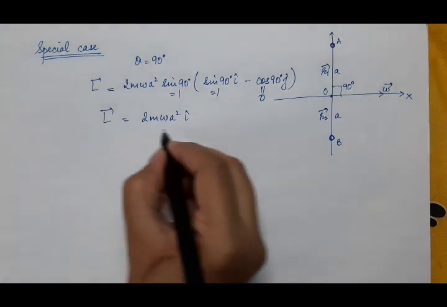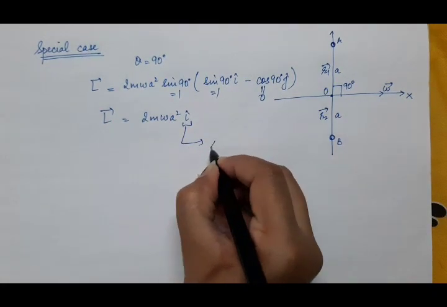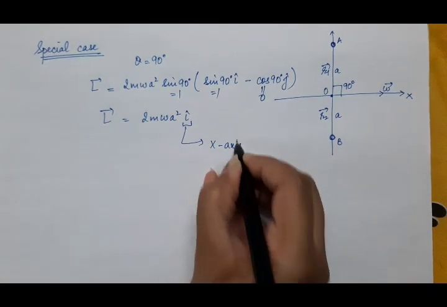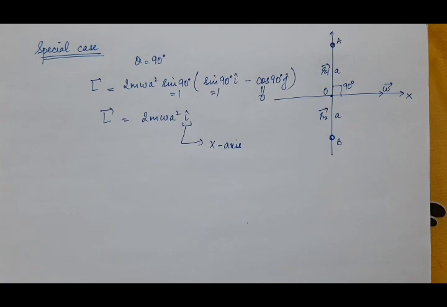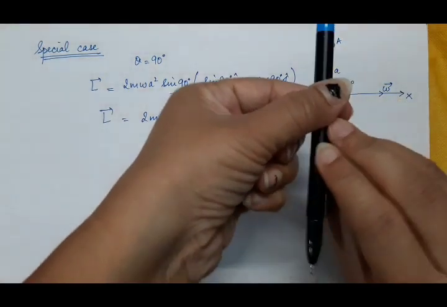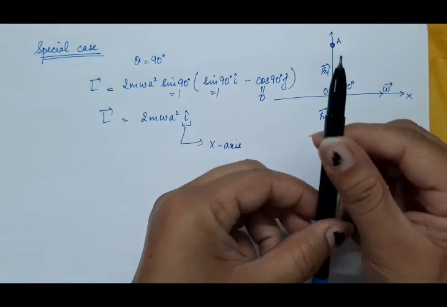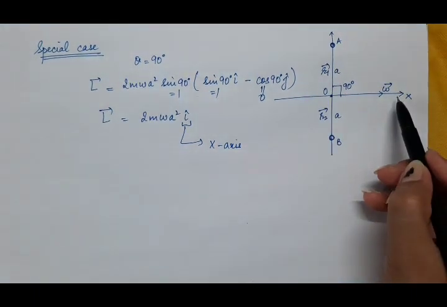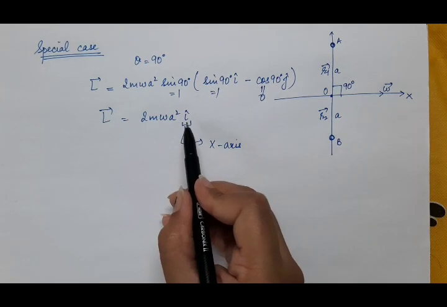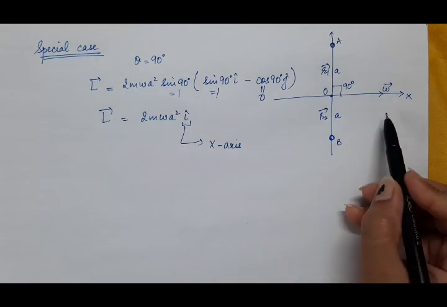It means it will act along the x-axis and its direction will be fixed. Why? Because this two particle rigid rotator will rotate in this way, and L is always perpendicular to this and along the positive x-axis, so its direction will be constant.